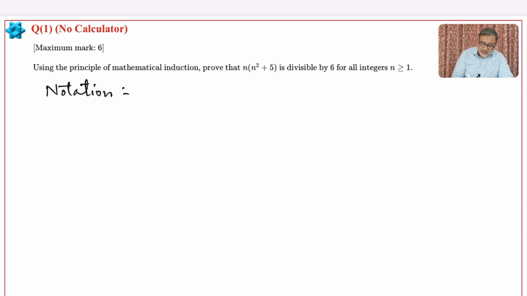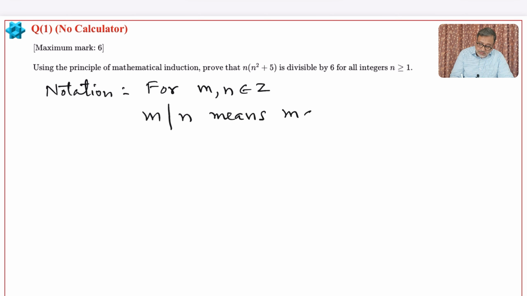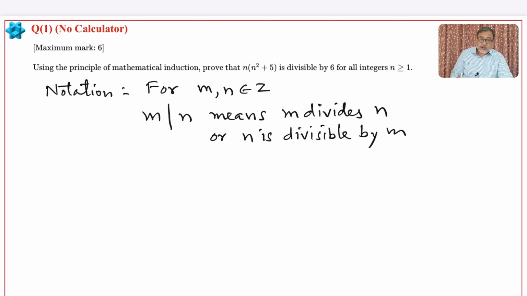For m, n belonging to Z, m | n means m divides n, or n is divisible by m. Like this we have made the short form instead of writing the whole statement.